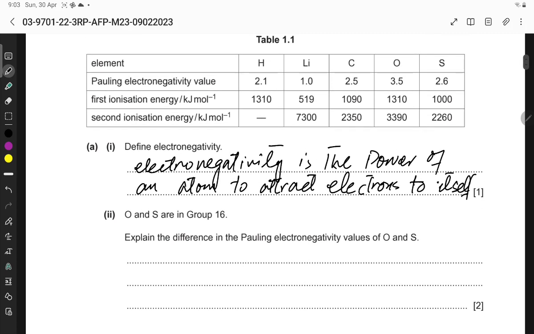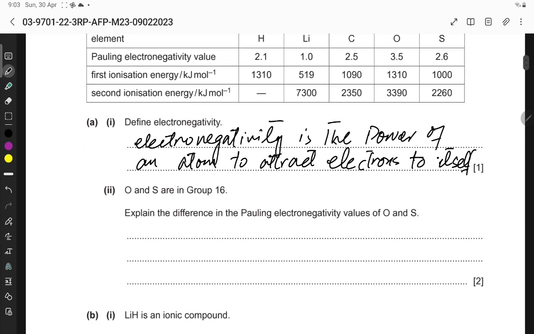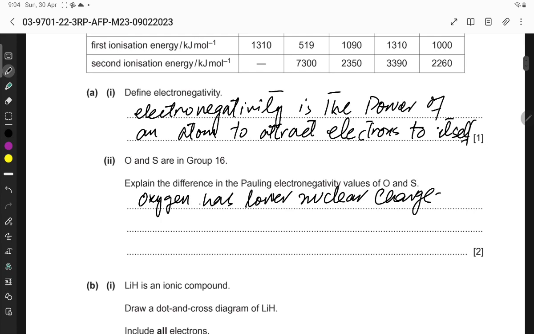Sulfur has a lower electronegativity value than oxygen due to oxygen having lower nuclear charge, due to one less shell than sulfur.